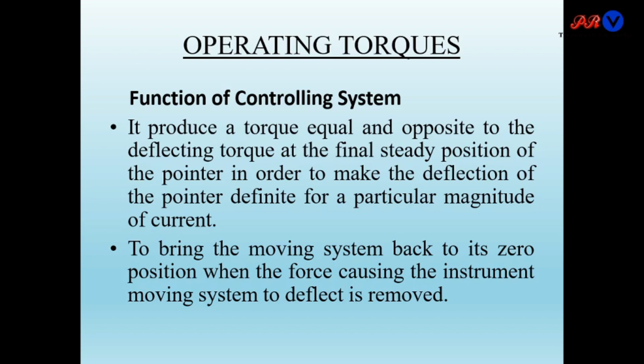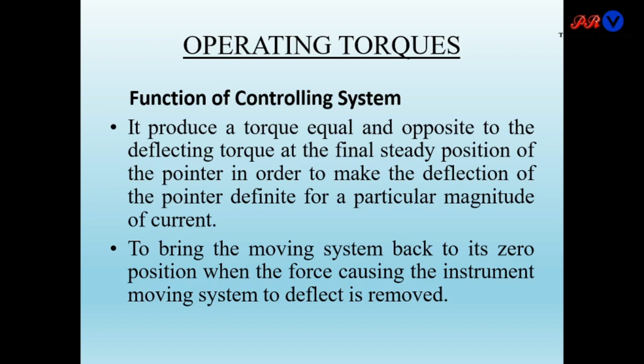Function of the controlling system: it produces a torque equal and opposite to the deflecting torque at the final steady position of the pointer, in order to make the deflection of the pointer definite for a particular magnitude of current. So when both the torques are equal, only then the pointer will reach its steady state.